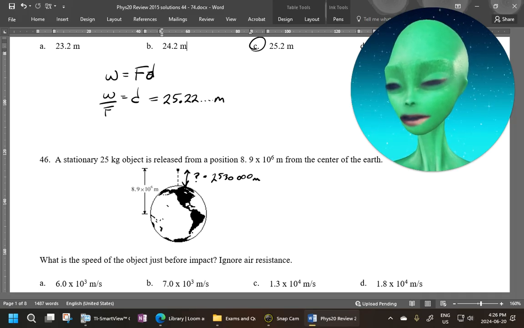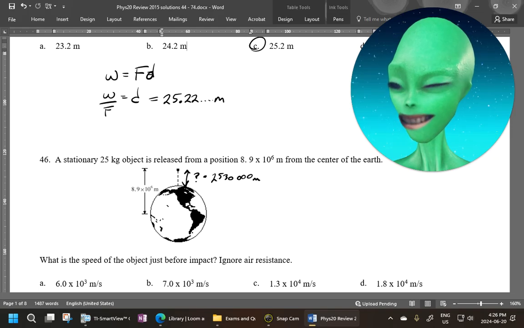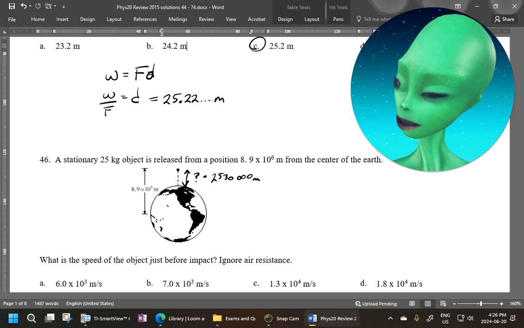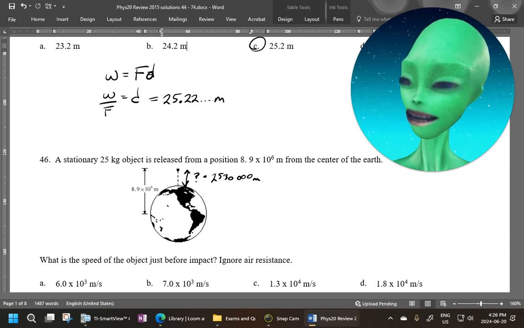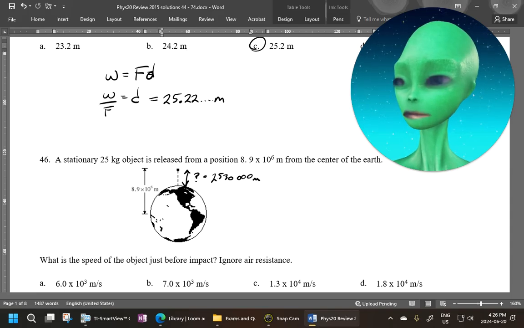And then I'm going to just times that by 2, divide by the mass, take the square root. Yes, that's 7,000. This could be an answer. I don't know if I like that answer. Because gravity is not 9.8 up at that distance.